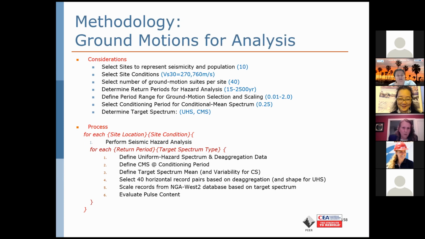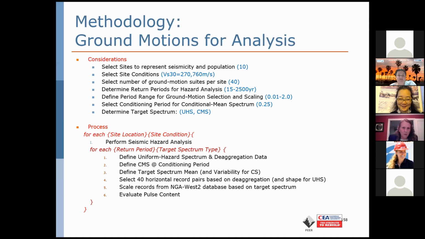For each site, we wanted to look at 2 site conditions. As much as we had to pick a specific location, where we picked City Hall for all of them but one place, we didn't want to use just one site condition at that site. So we developed ground motion suites for 2 different site conditions. One for a stiff soil at 760 meters per second for the shear wave velocity, because that's just a typical reference type that you use in ground motion analysis.